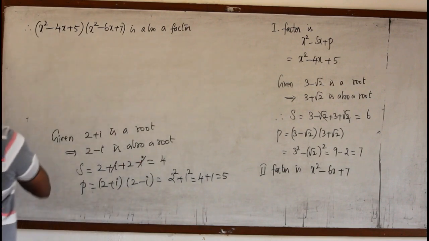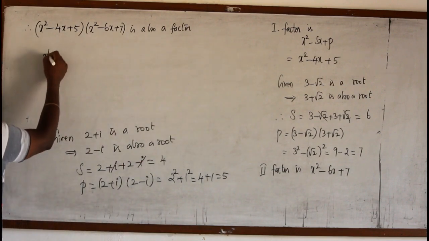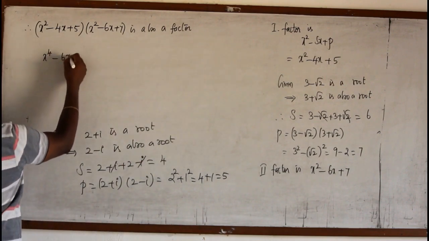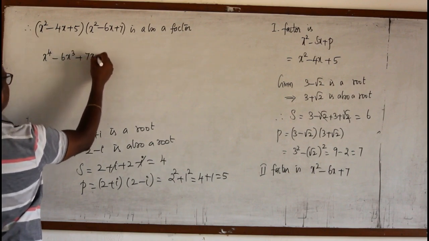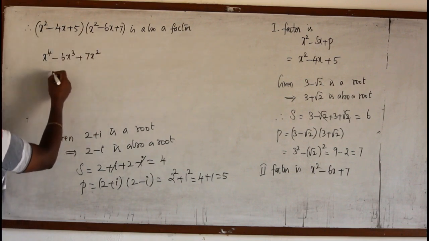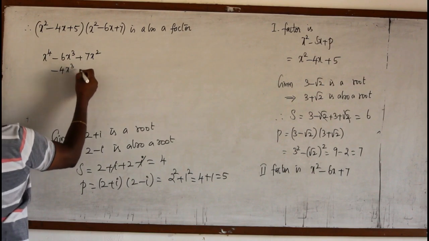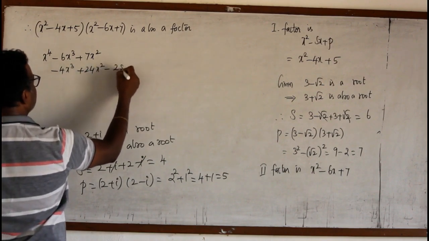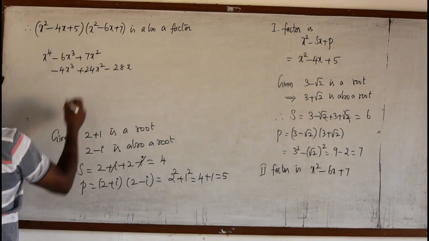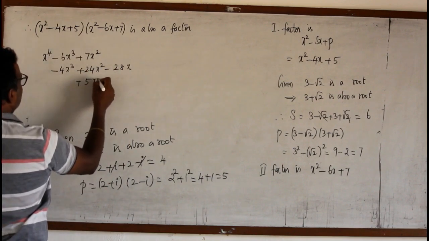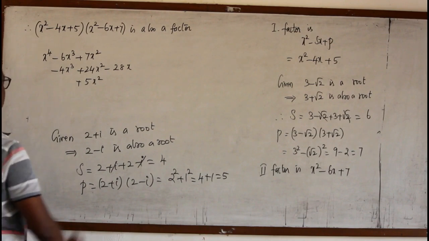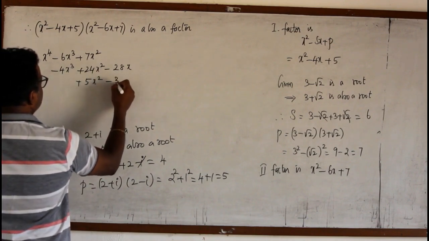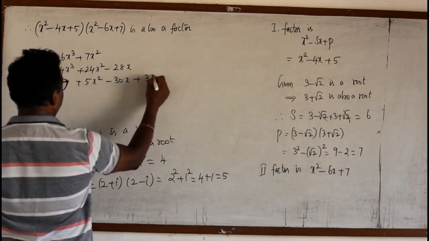When I multiply, taking x square: x power 4 minus 6x cube plus 7x square. Now take minus 4x: minus 4x cube plus 24x square minus 28x. Now taking 5: plus 5x square minus 30x plus 35.